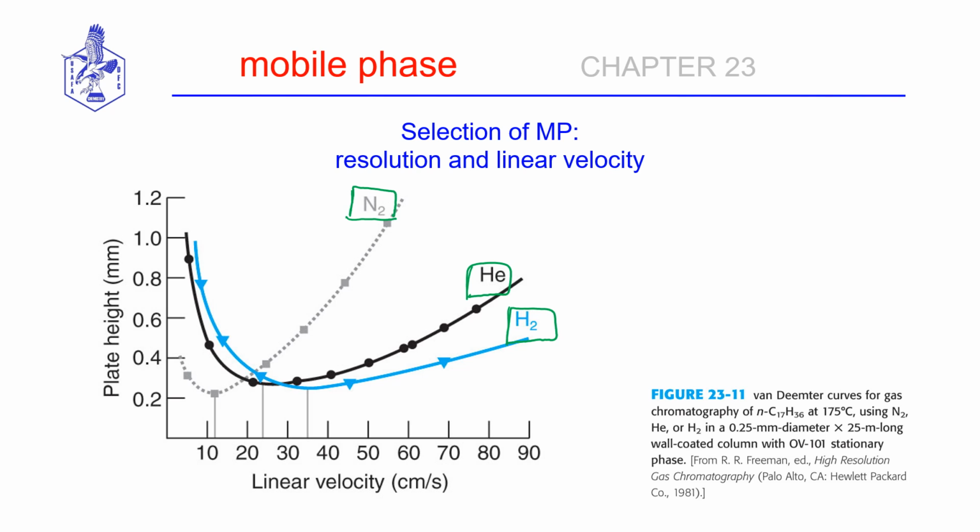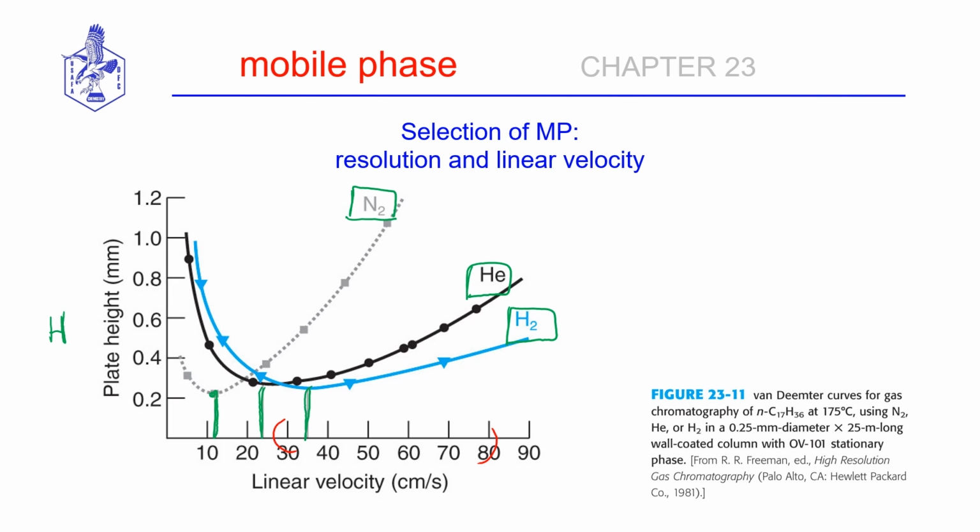So remember, for optimal resolution, you want the plate height, the measure of band broadening, to be minimized. The optimal flow rate for nitrogen is about 10 centimeters per second, whereas for helium, it's about 23-ish, and for hydrogen, it's about 35, so a much higher flow rate. And notice that the plate height doesn't change all that much for hydrogen over a wide range of flow rates.